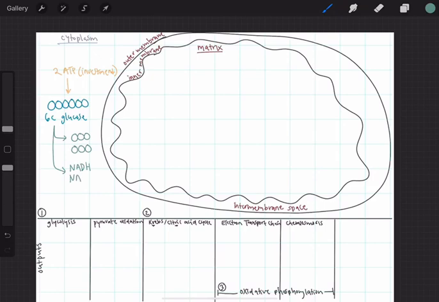And you will have 2 NADH molecules. You are also going to create 2 water molecules. This occurs in the 9th step of glycolysis. And you will create 4 ATP molecules. This is by substrate level phosphorylation.